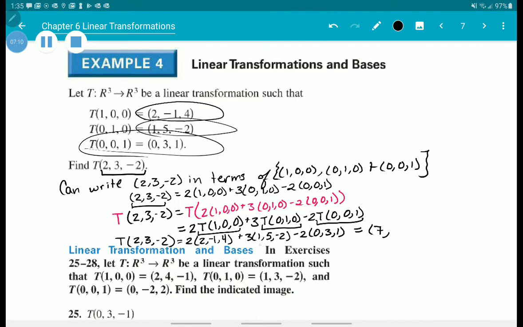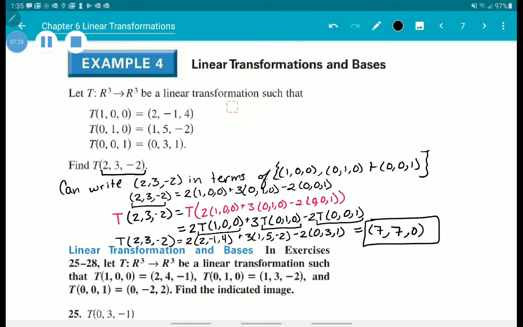Negative 2 plus 15 minus 6. And 8 minus 6 minus 2. So there's my transformation for this guy. And we got there by using that fourth property.